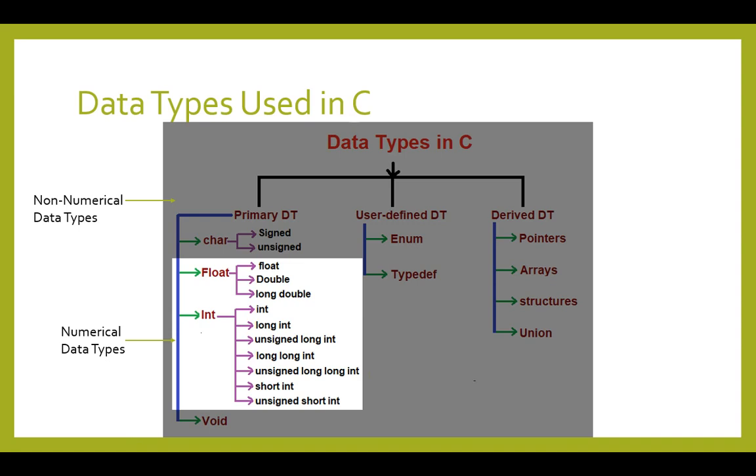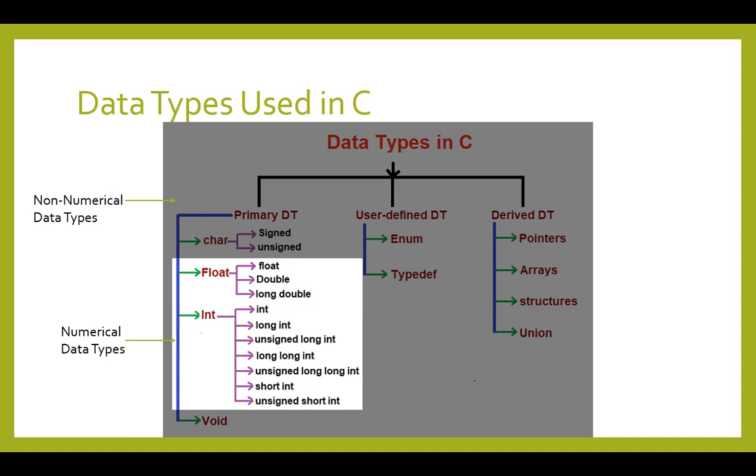Short int means the range is reduced. Sometimes you need to reduce the numbers that you are going to deal with. So basically short int supports from minus 65,000 to plus 65,000.